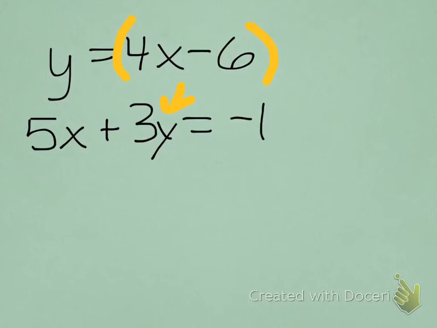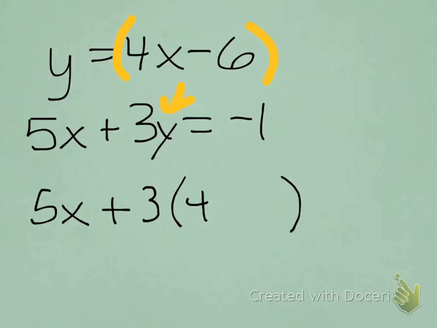So I would now have in the other equation 5x plus 3 times 4x minus 6, because I'd replace the y with 4x minus 6, because it represents y from the first equation. And we have that equal to negative 1.